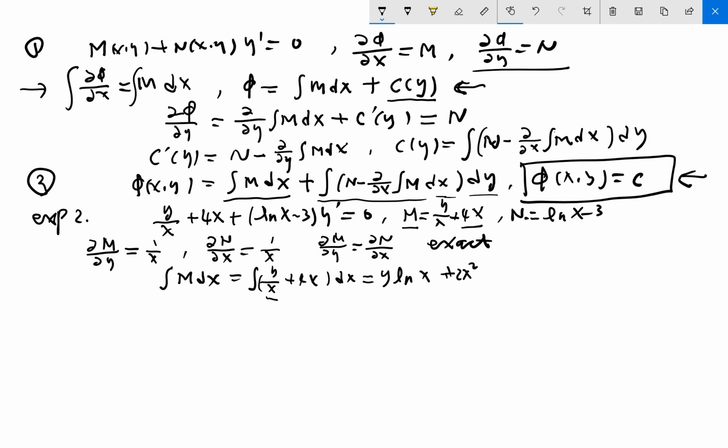Next, let's find N minus the partial derivative with respect to x of this integral of M dx. So we already found the integral of M dx gives you y ln x plus 2x squared.